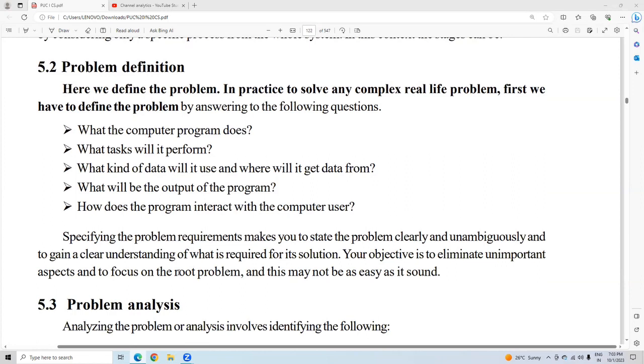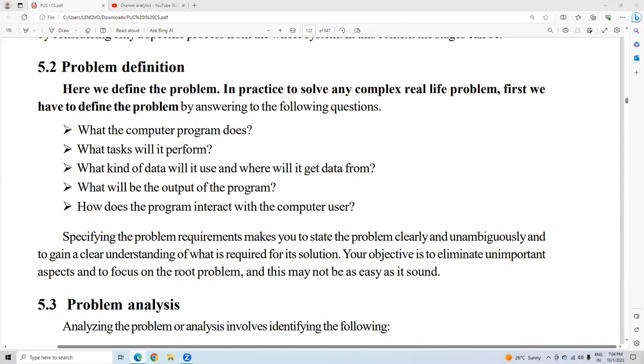So how, in practice, to solve any complex real problem, there are some questions below which you need to answer. By that, you will come to know what the problem definition is, why you want to develop the program, why you want to do that problem solving.